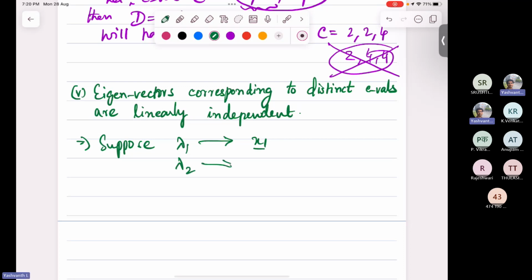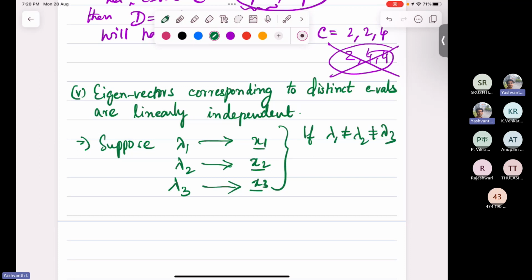Lambda 2 is an eigenvalue of A and it has a corresponding vector x2. Lambda 3 is another eigenvalue of A and it has corresponding x3. If lambda 1 not equal to lambda 2 not equal to lambda 3, that is, all three eigenvalues are distinct, this implies x1, x2, x3 are a linearly independent set.